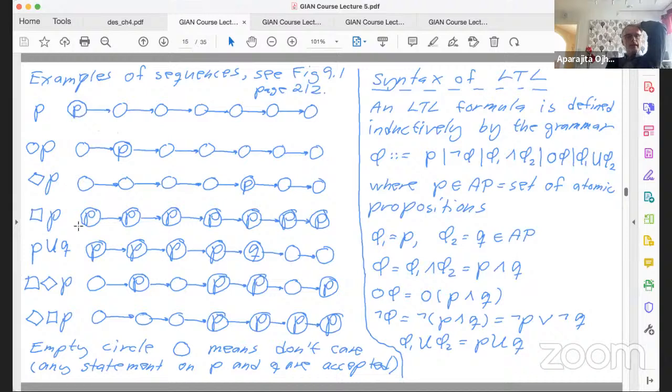And here you see some examples of these linear sequences, what we mean by P, next P, eventually P, always P, etc. Here you see that P must be true in the first instance if I write P. P must be true in the second instance in this sequence.